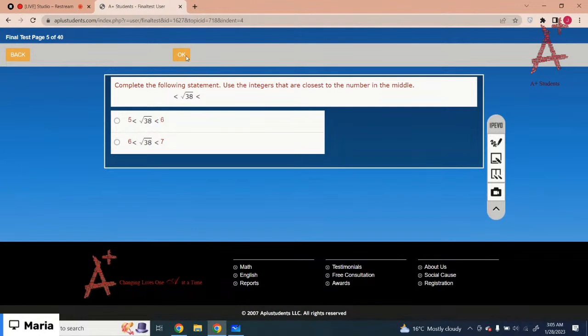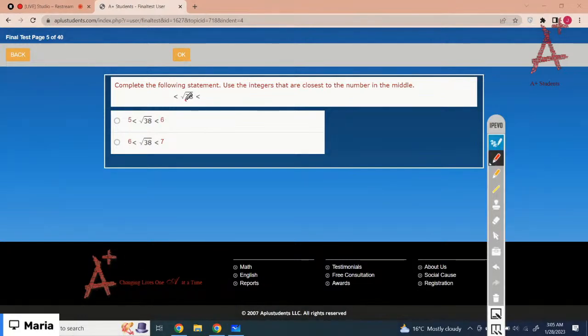Okay, complete the following statement. Use the integers that are closest to the number in the middle. So the number under the square root is 38. So which is the perfect square that is less than 38? That would be 6. 6 times 6 is 36. So square root 38 is greater than 6 and it must be less than 5.